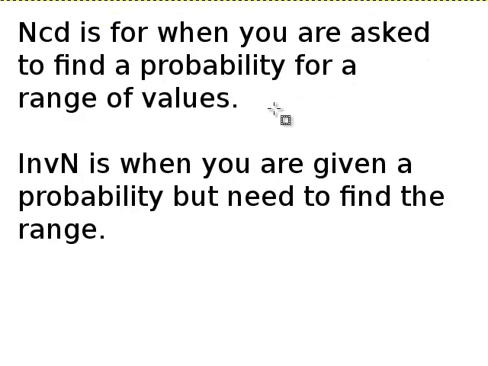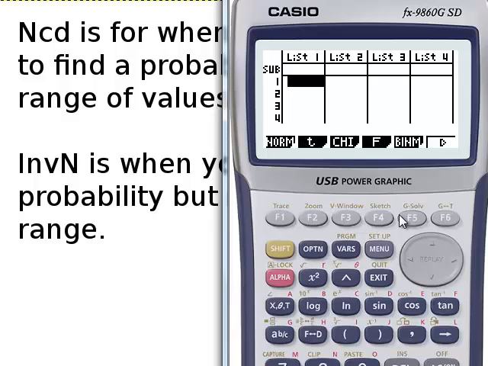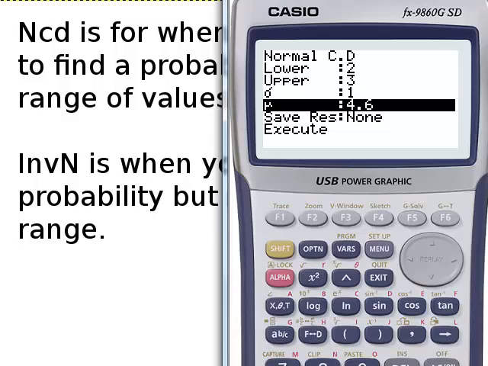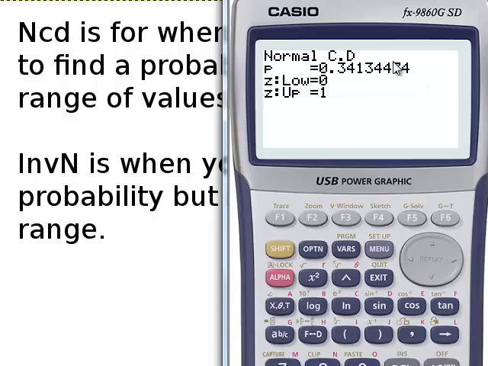What we have to remember is NCD on our calculator is for when we want to find a probability for a range. So when we have distributions, normal NCD, we are asked for 2 ranges, some values, and the output is the probability.